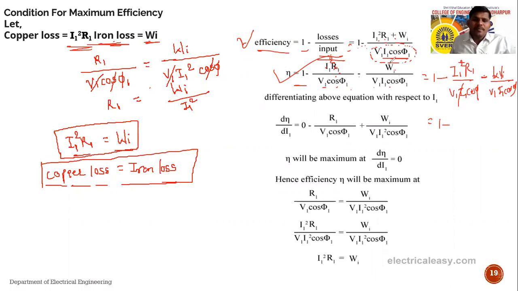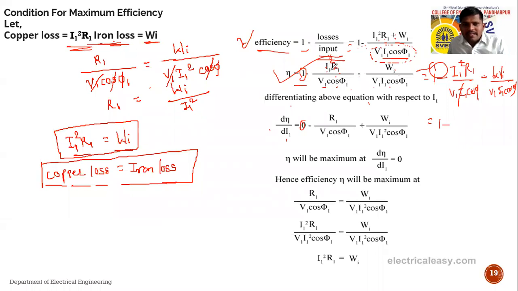Now we want to get the maximum efficiency. To calculate the maximum efficiency, I want to take the differentiation of this equation with respect to current I1. So d efficiency by dI1 is equal to the differentiation of 1 with respect to I1. What is the differentiation of a constant with respect to I1? 0.